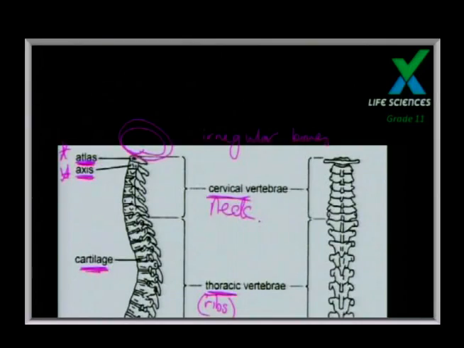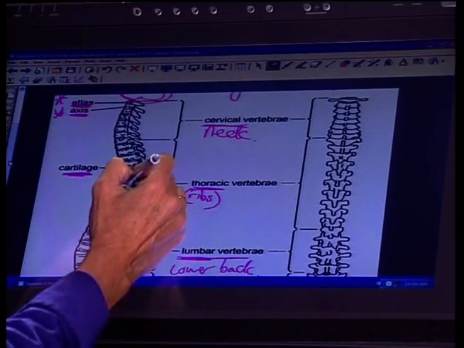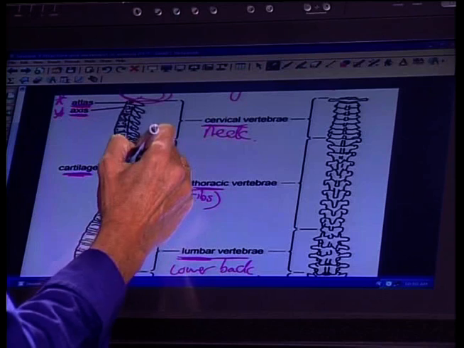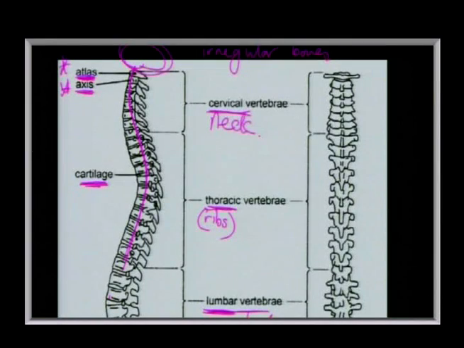So if we look here, from the brain all the way down here, you're going to find the vertebral column running all the way through like that. So what is the main function of the spinal cord? It's to protect the spinal cord, because the spinal cord is taking information from everywhere in the body. It goes to the spinal cord and then up the spinal cord to the brain.